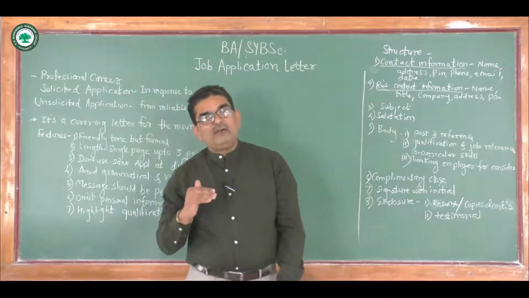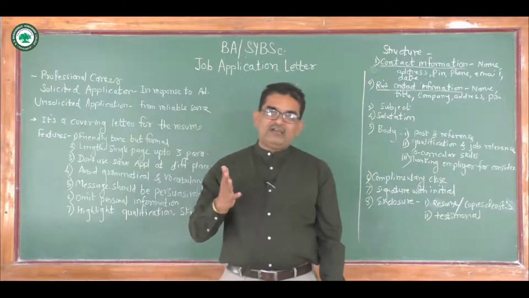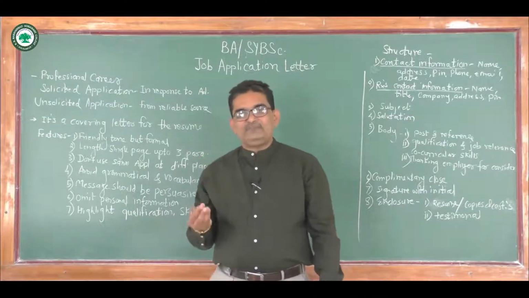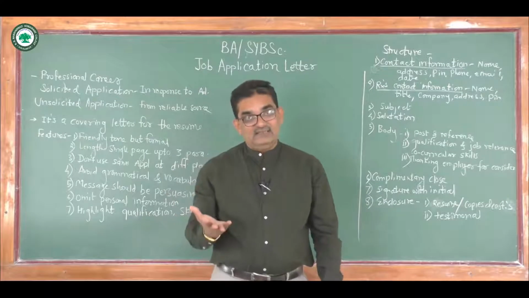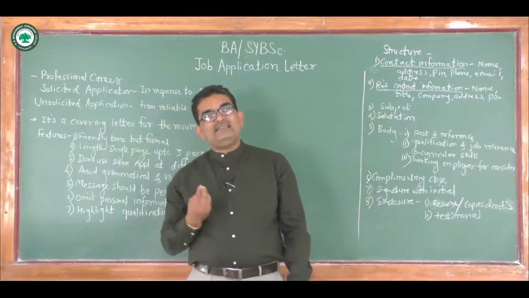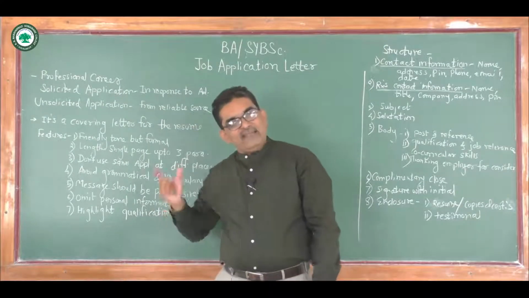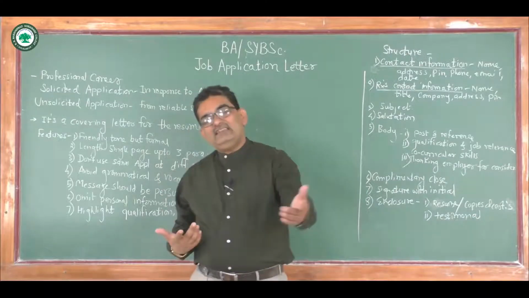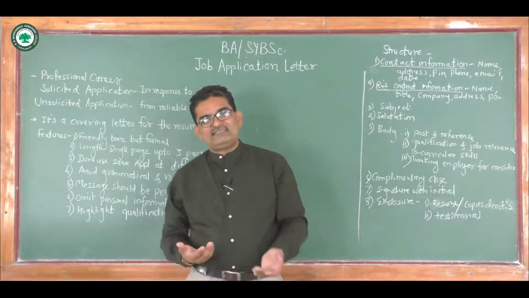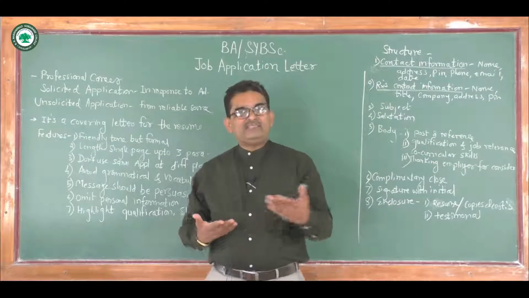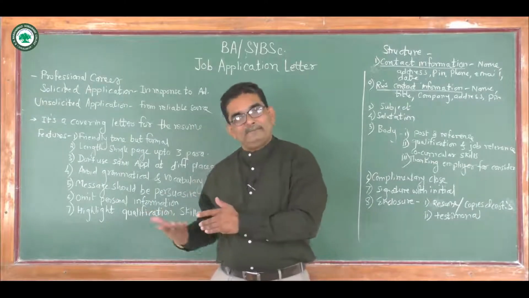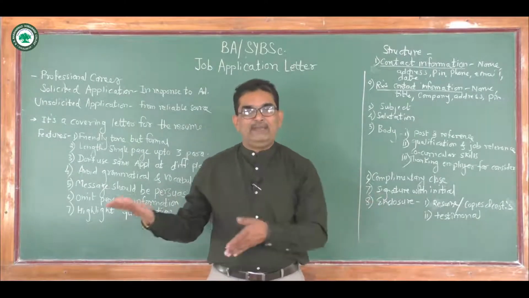So whenever you are mentioning, what should you mention? You should mention your highest degree. If a person is MA, naturally it is obvious that he is BA. So there is no need to mention both BA and MA.